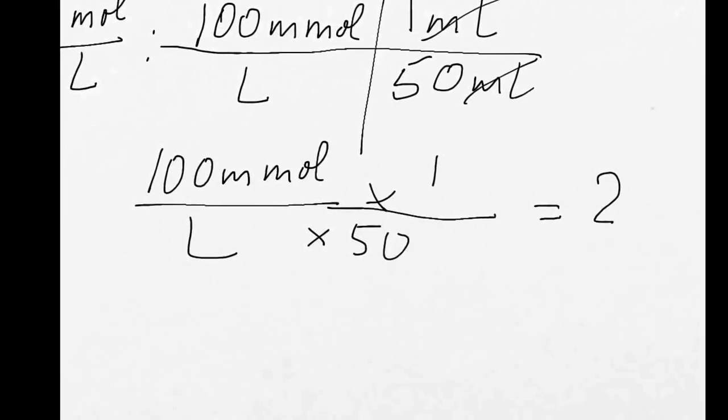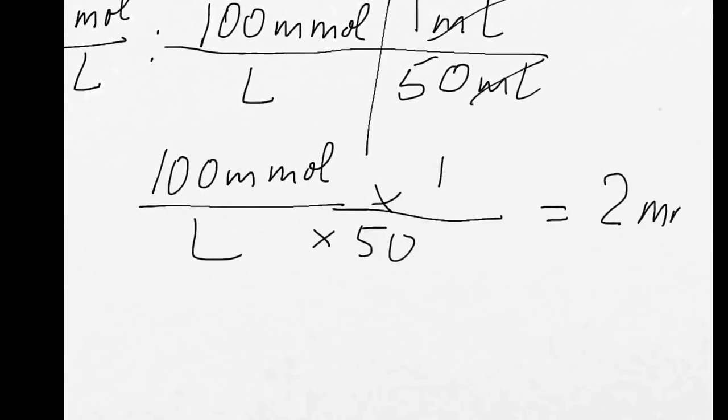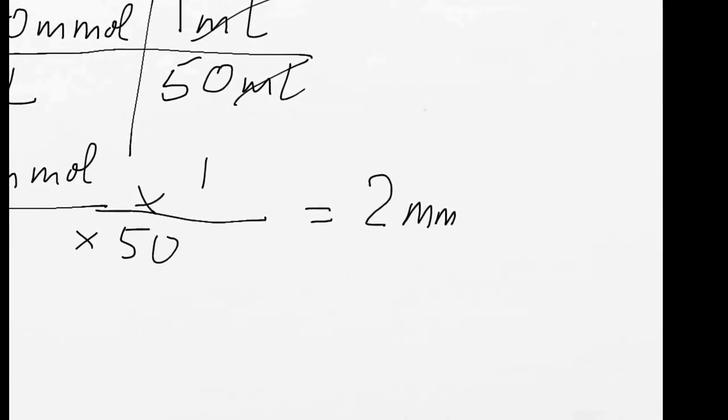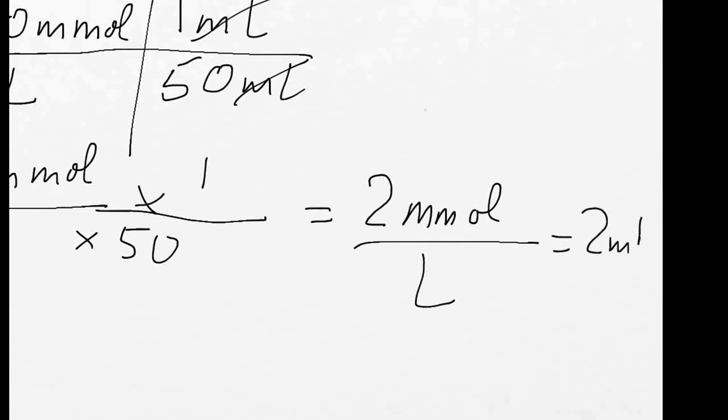So our concentration is now 2 millimole per liter, or 2 millimolar. That's our concentration when we take 1 milliliter and put that in 50. Simples.